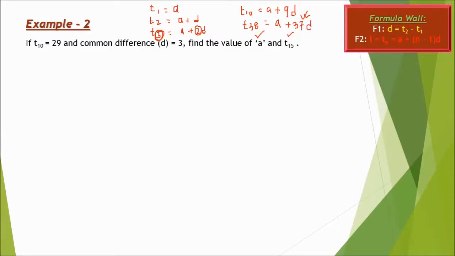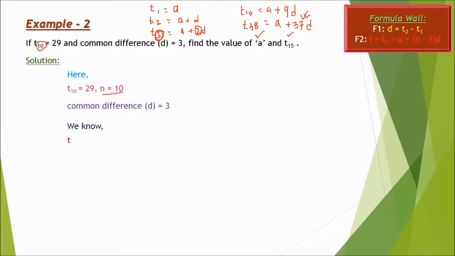Now if you understand this, then it will be very easy. Now let's start our solution. Here t10 is equal to 29, then the value of n is 10, isn't it? Now the common difference is given as 3.